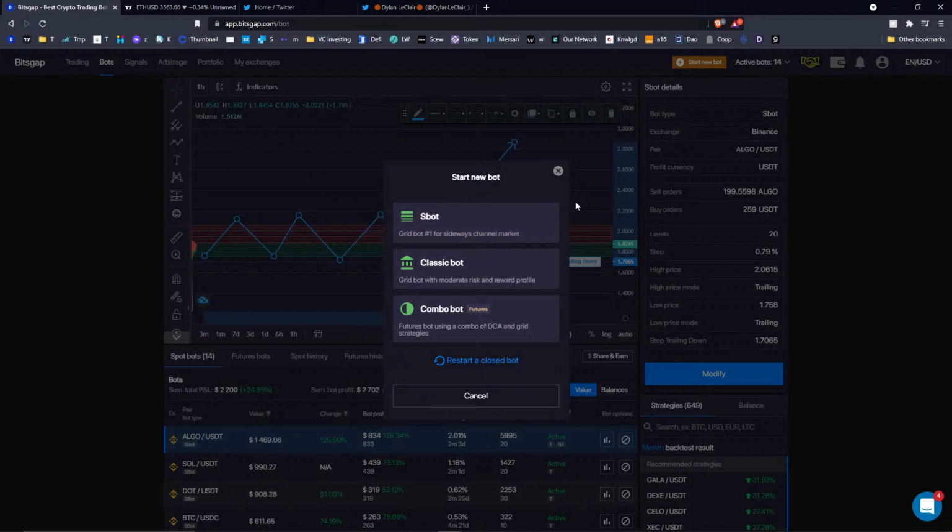So that's why ASBot is the ultimate solution to accumulate more base currency on a sideways and on a falling market, because it just buys more of the base currency.